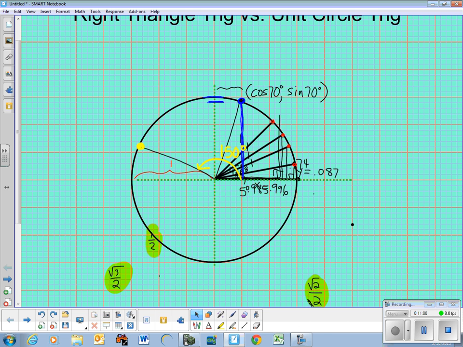All right, if it can go on past, 260 degrees would be down here. That's all the way around to 260 degrees. The sine of 260 is going to give me this distance right here. Excuse me, that's the cosine of 260. The sine of 260 is going to be this distance right here. All right, it works all the way around. It'll work once you get past 360.